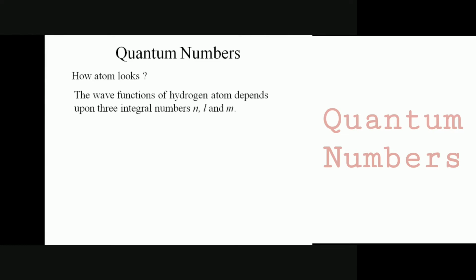So basically, it is the wave function of hydrogen. As we solved in our previous session, it gives three important integral numbers: n, l, and m. Already I told you that when we solve the Schrodinger wave equation in polar coordinates, it gives important information about the radial wave function and the angular wave function.